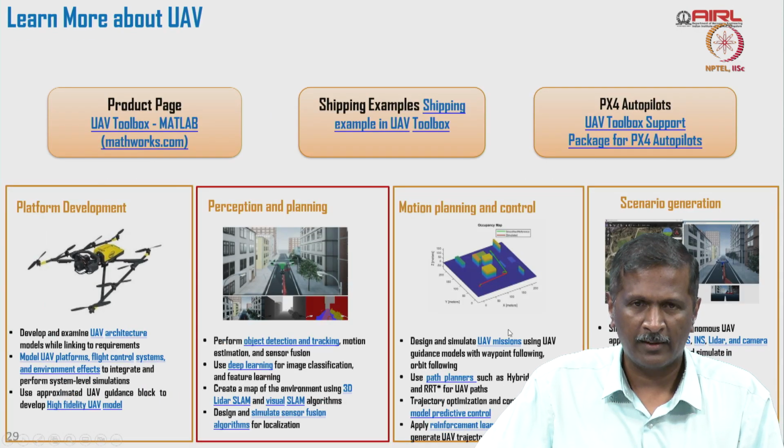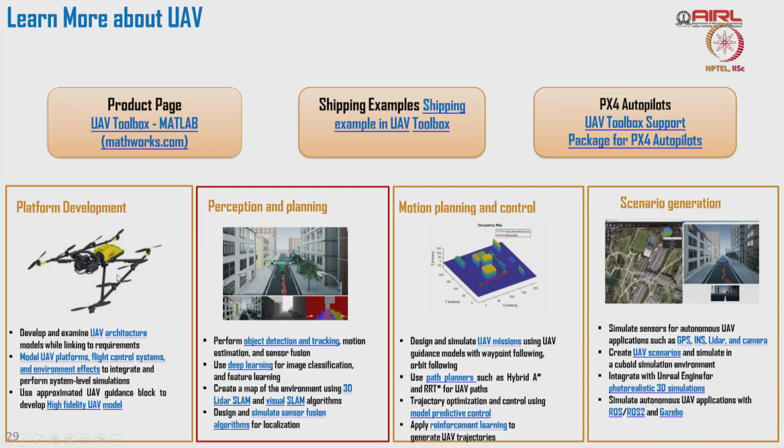For learning more, on the platform development part of it, we have covered quite a bit of the dynamics model and how this dynamics can be visualized in Simulink. You can just create the same. You can do motion planning and control. Basically you can define your UAV mission.